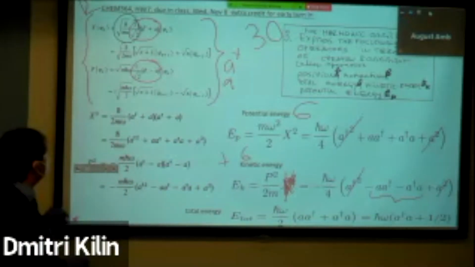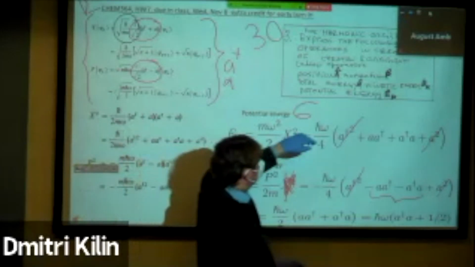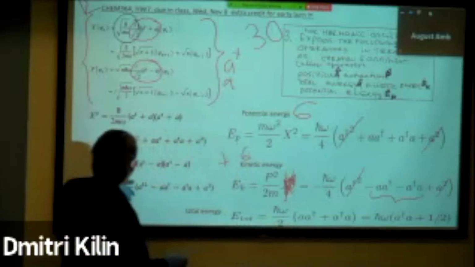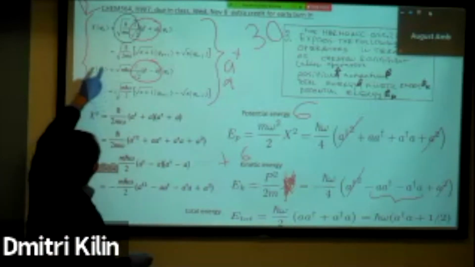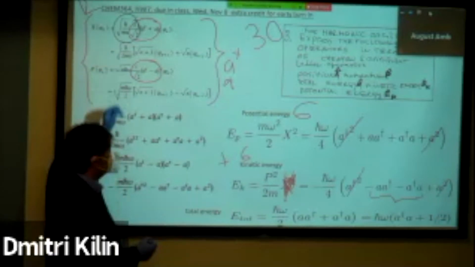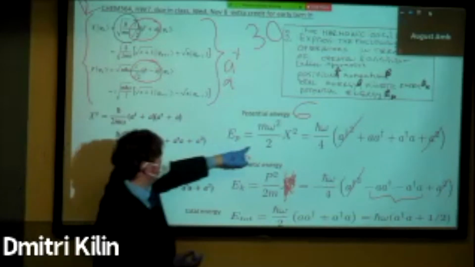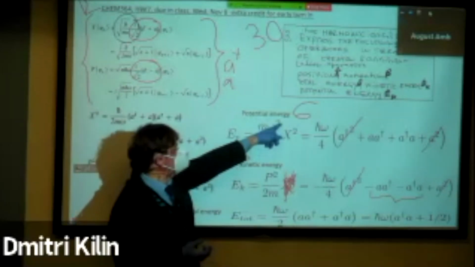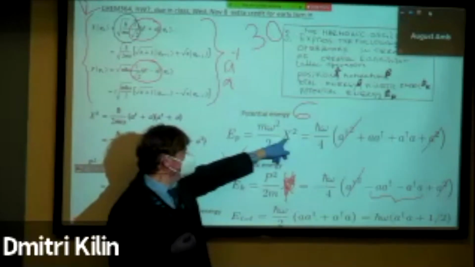If one wants to find whatever is needed, like kinetic and potential energy, one just takes this definition of position and momentum and plugs it into the definition of potential energy, so mass frequency squared, which is the rigidity constant divided by 2, and then x squared.